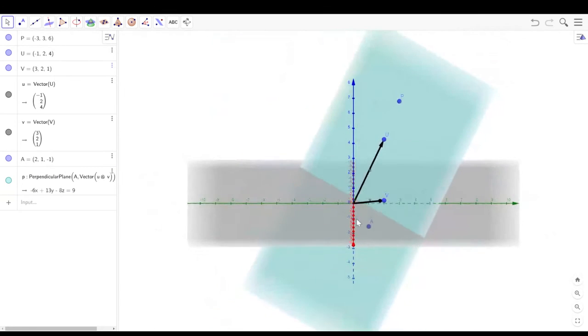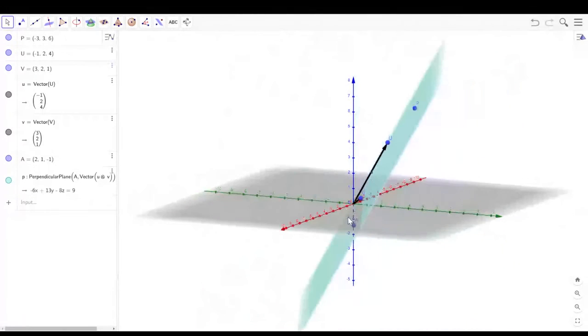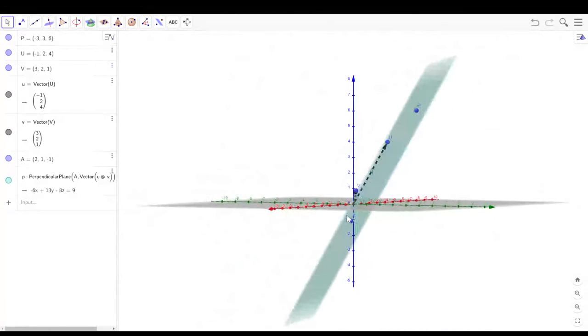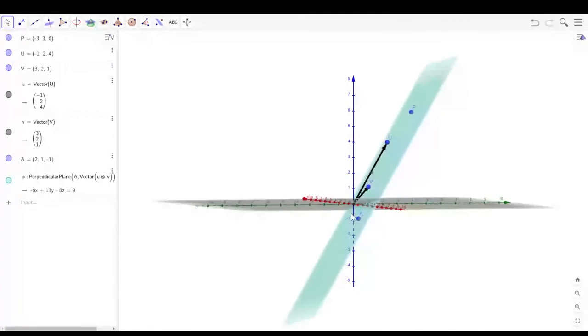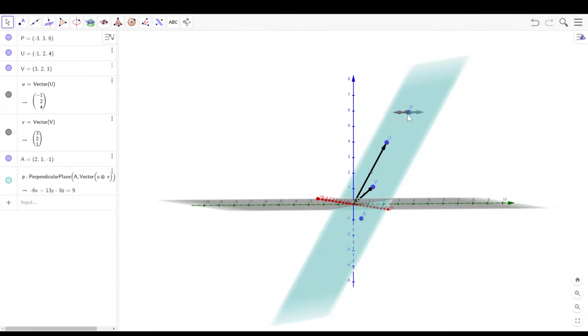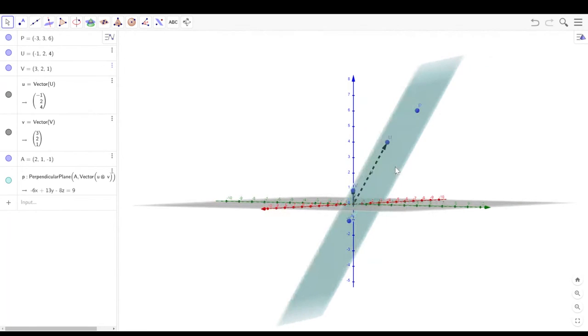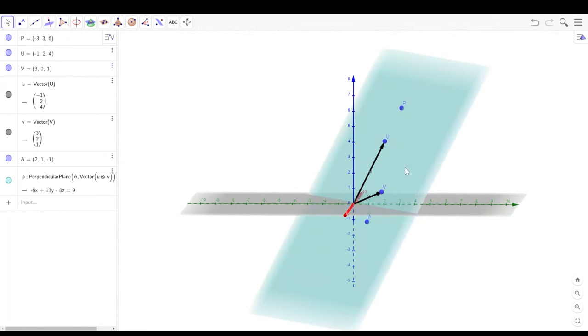Okay, so that is how I've taken that and used GeoGebra to form the geometric plane. Now P is the point to see whether we asked, does P lie on the plane? Well, you can see from the picture, yes, it does. Okay, so we know from GeoGebra that it actually does lie on the plane.